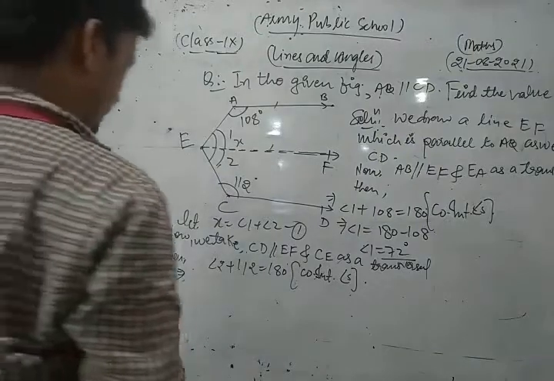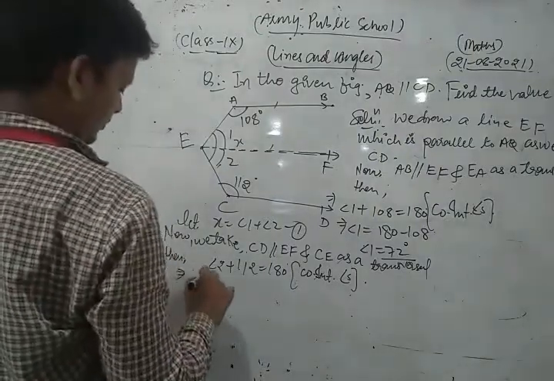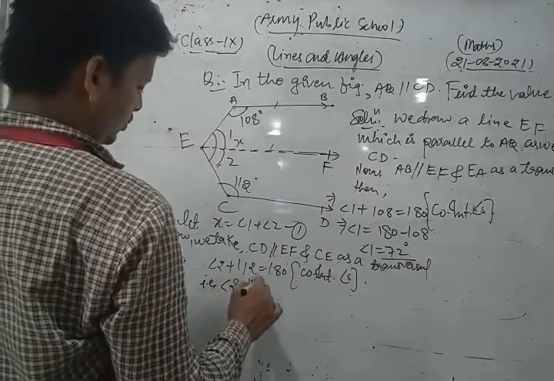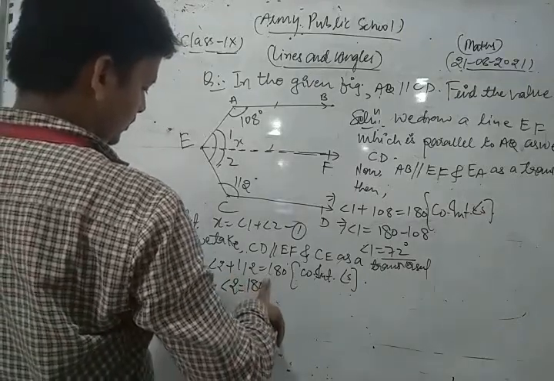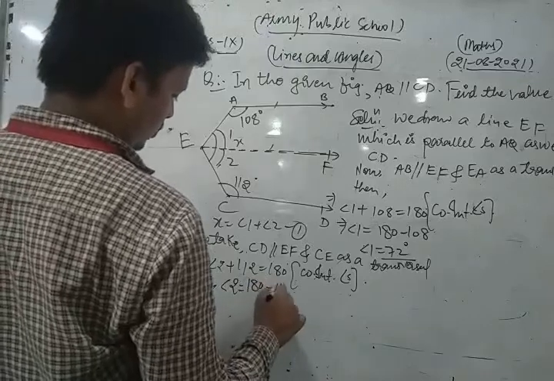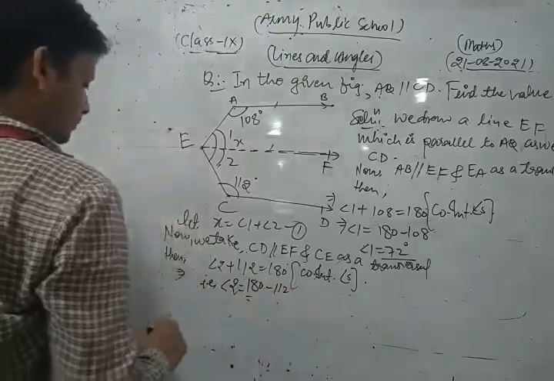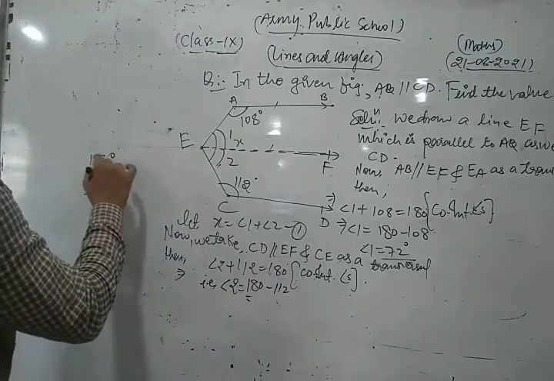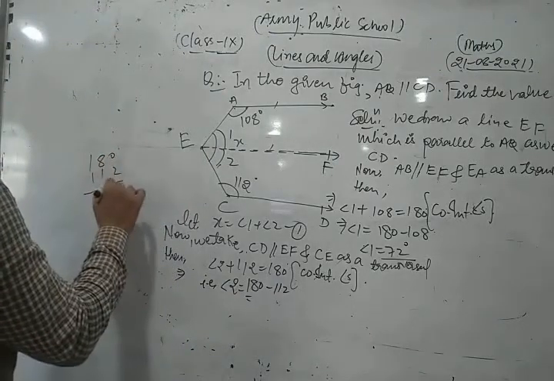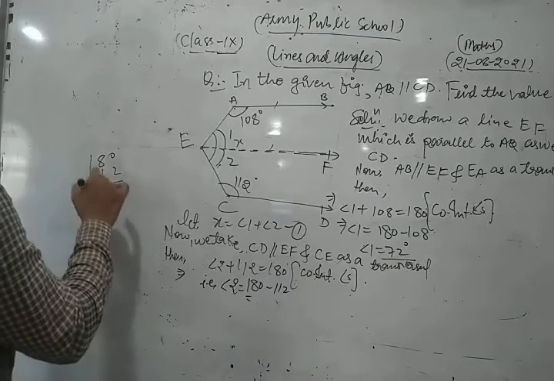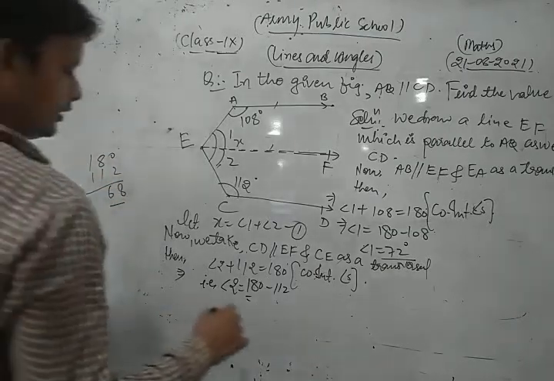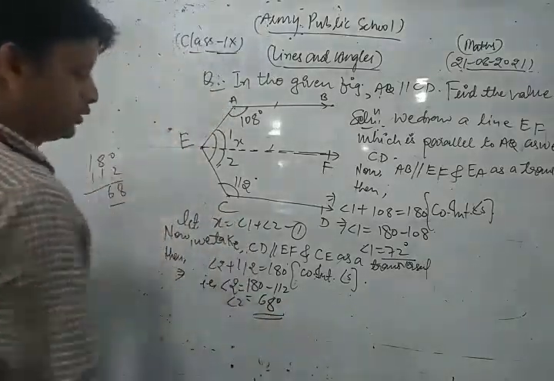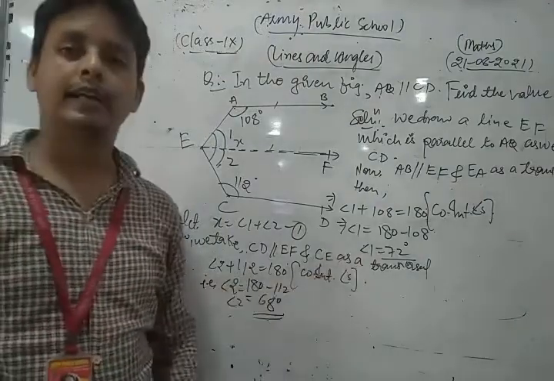So angle 2 is equal to 180 minus 112. Subtracting them, we get 68 degree. So in this way we find angle 2 is 68, and angle 1 is 72.